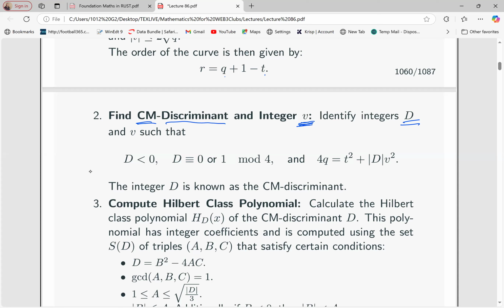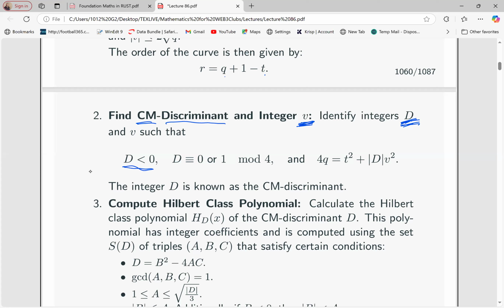Now, how do you come up with this D? Remember, you've already chosen your Q above. So your Q comes in handy here to find D. First of all, your complex multiplication discriminant D must be less than 0.